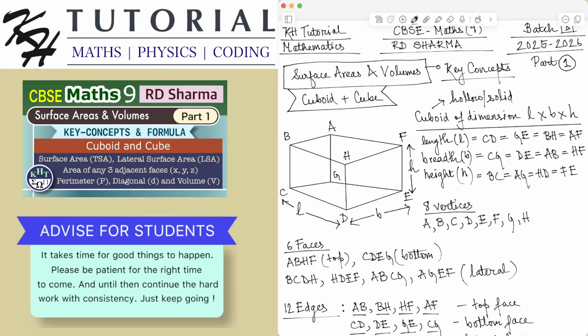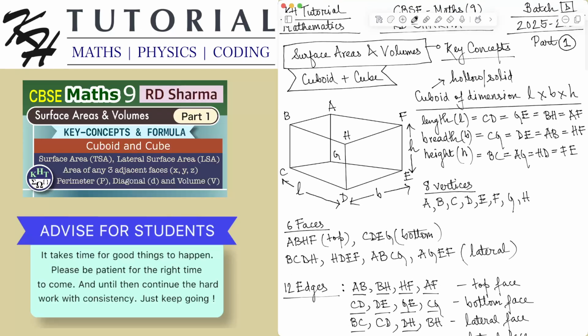Now there are 8 vertices in a cuboid, as you can see: A, B, C, D, E, F, G, H. Now what are faces? There are 6 faces in a cuboid, so there are 6 rectangular faces.